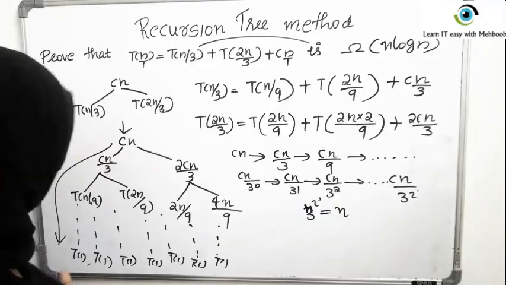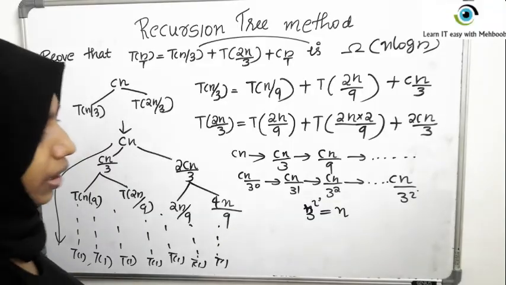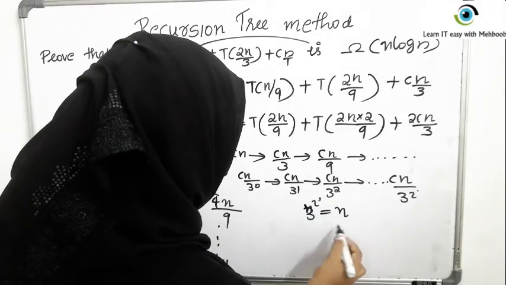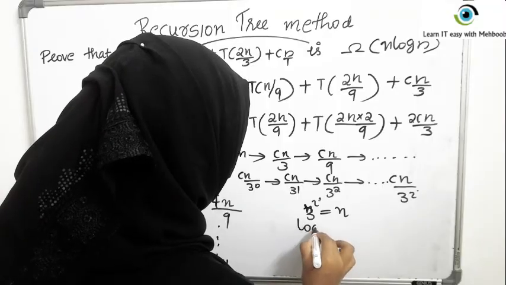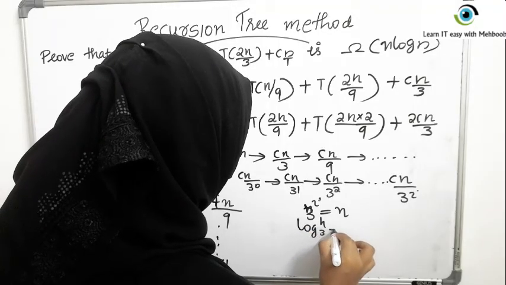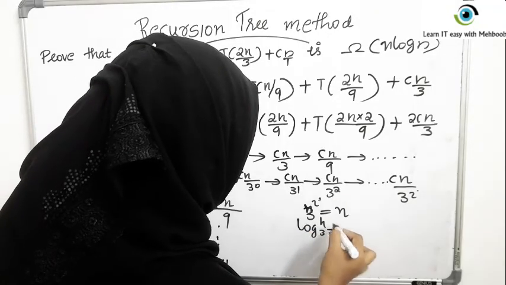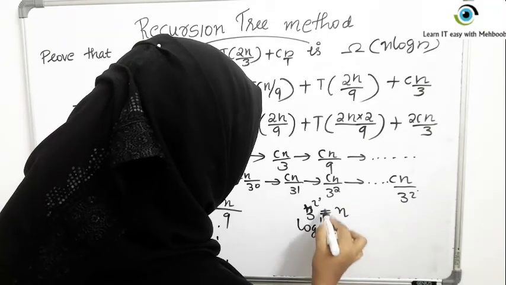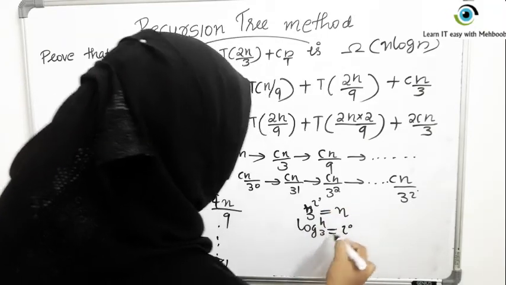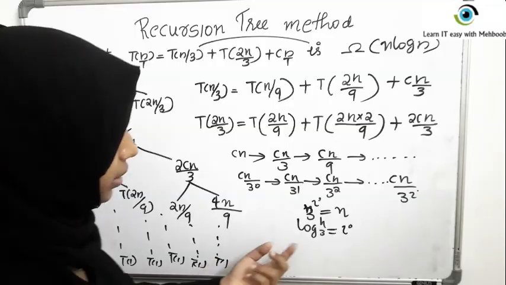So that will get T of n at some point in time. Okay, so taking log n both sides, we will get log n to the base 3 is I. So total I levels are there.